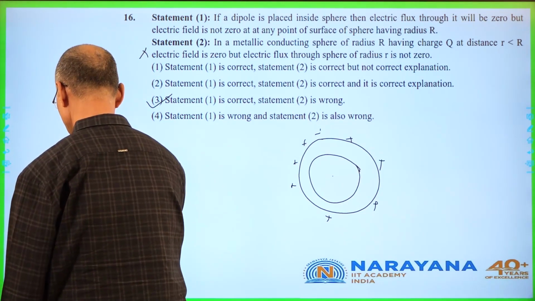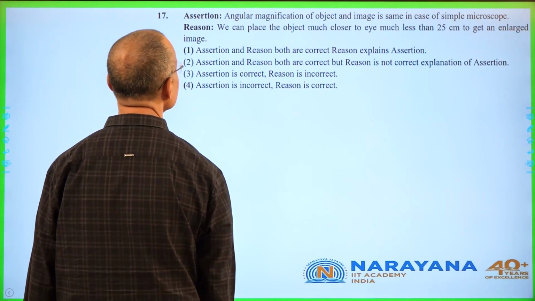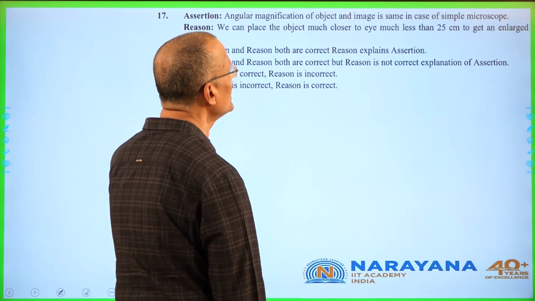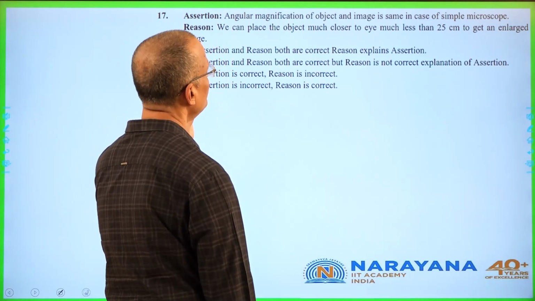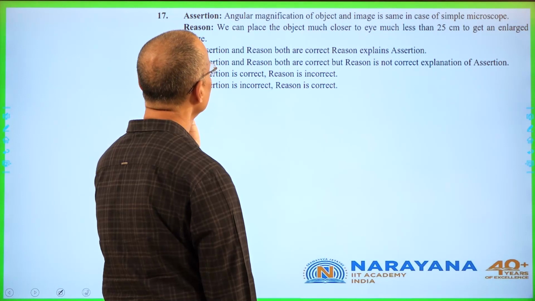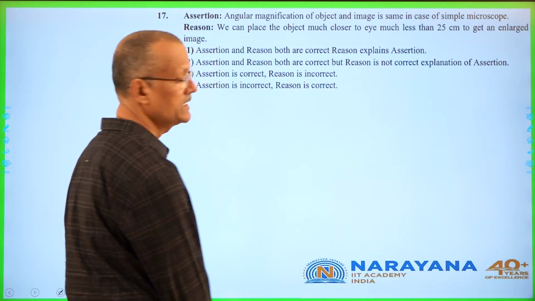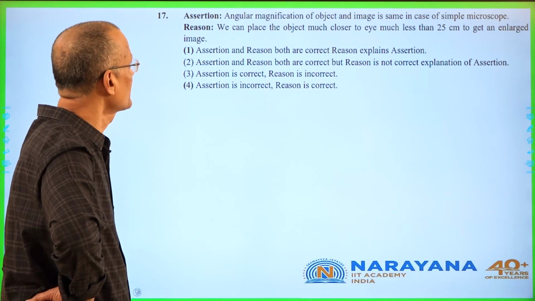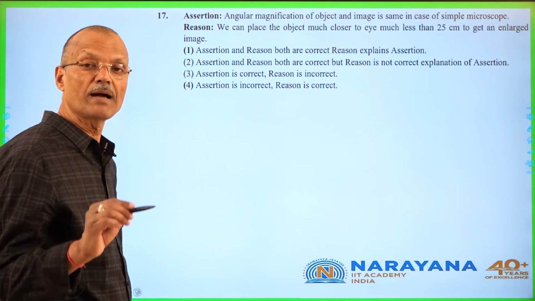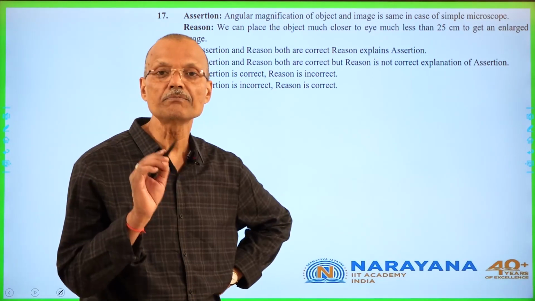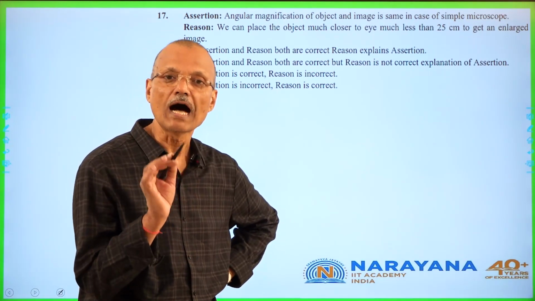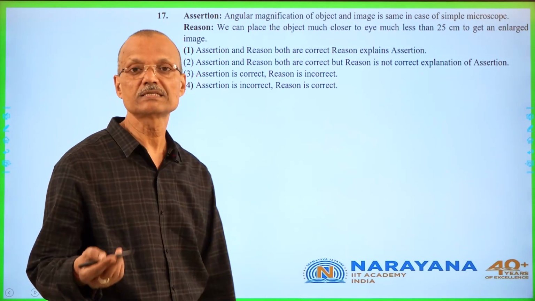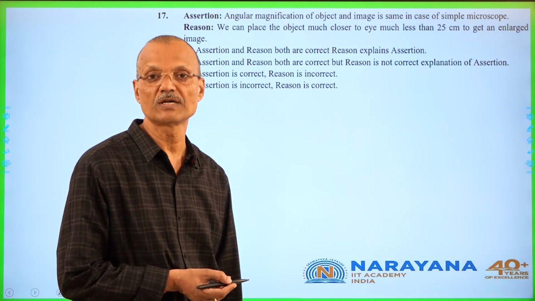Let us move to the next question, 17. Angular magnification of object and image is same. No, there is some linguistic mistake, a framing of sentence mistake. In a simple microscope, angular magnification and linear magnification both are equal. The statement should be like that, because the object is situated much closer to the observer.